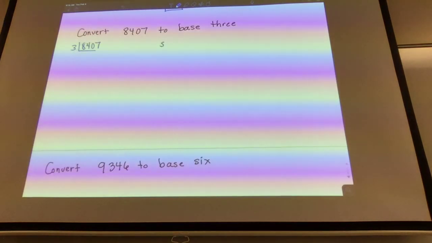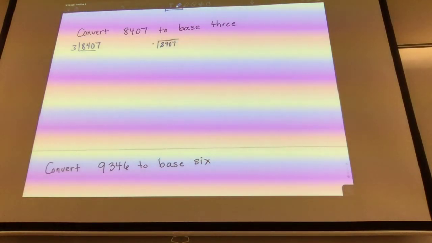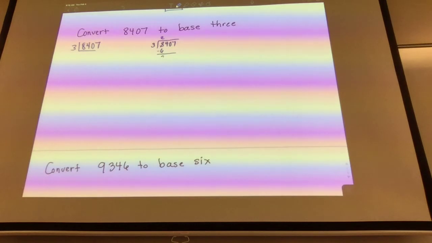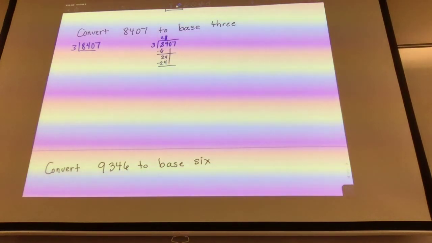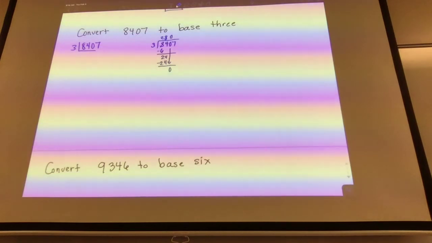This is going to be our scratch work section. 8,407. That goes 0 times, so 0.7.